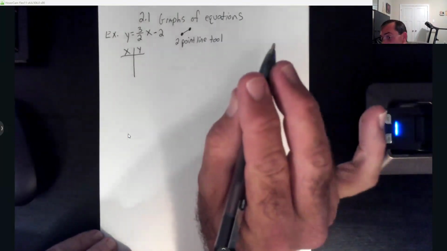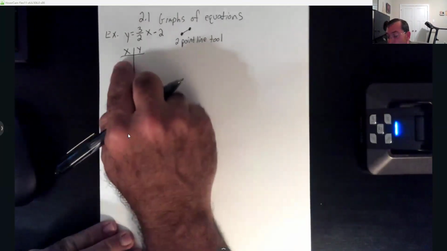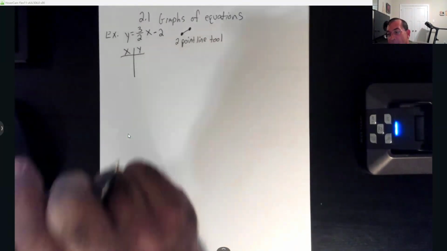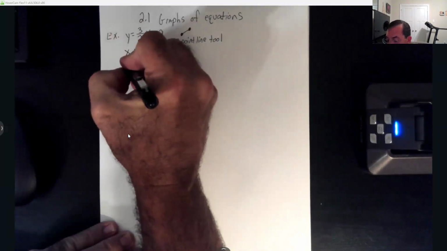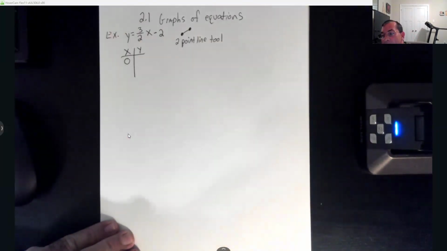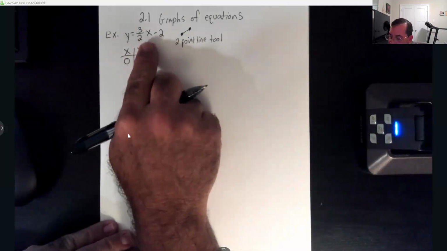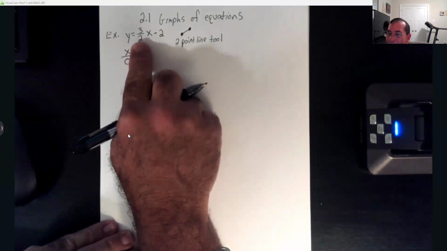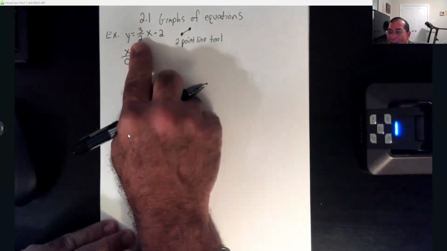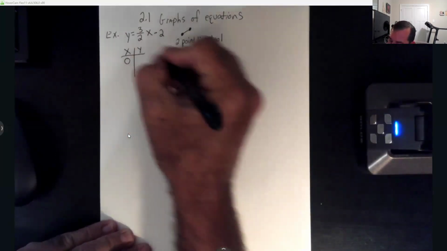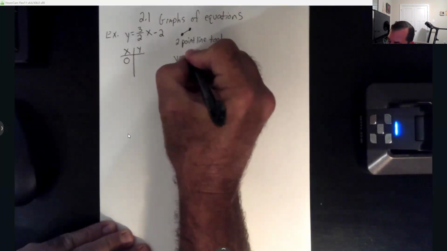Now, y'all, I don't know about y'all, but the easiest number that you can put in here for an x every single time is probably going to be a 0. Even if I got a fraction here, what's 0 times 3 halves going to give me? That's still going to give me a big 0, right? So let's put in a 0 and see what we get.